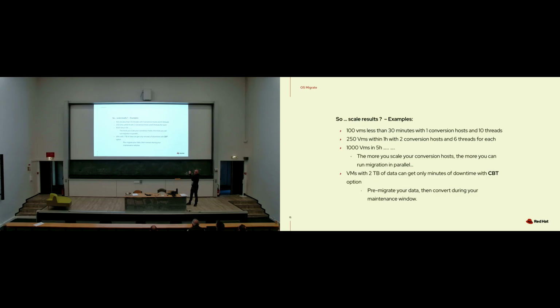This is where the change block tracking feature is really useful, because you can synchronize your terabytes of disk in the background while your VM is still running on the VMware side, and you can iterate and do as many synchronizations as you want until you reach your maintenance window. Then you just do the last delta sync, and with that you can get a very small downtime even with a very huge disk. That's a really interesting way to do the migration.